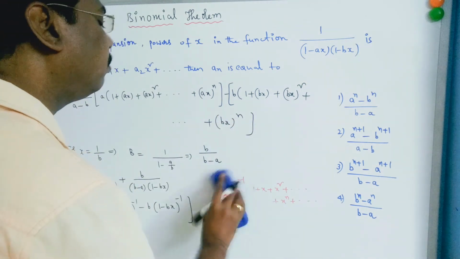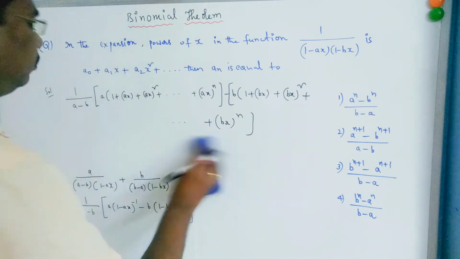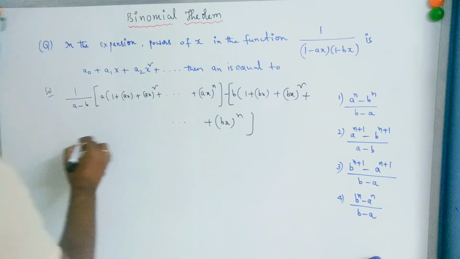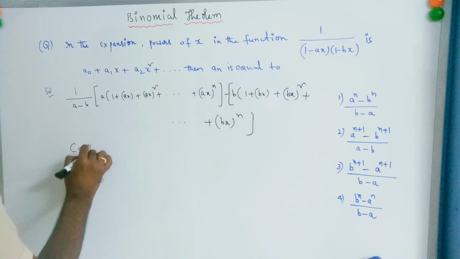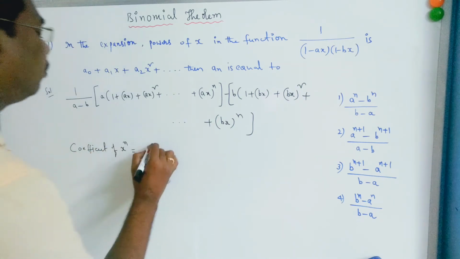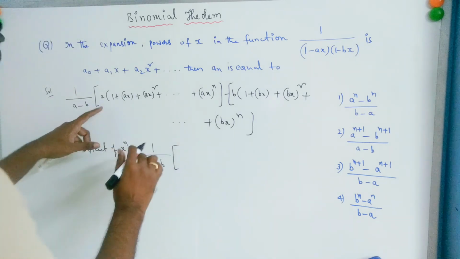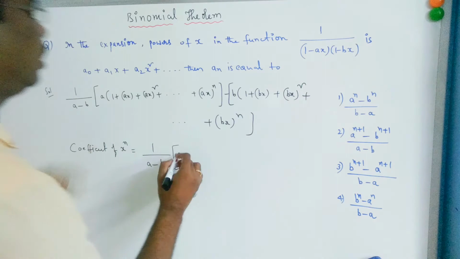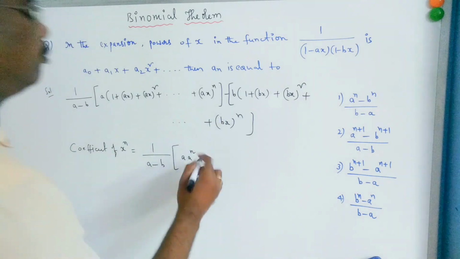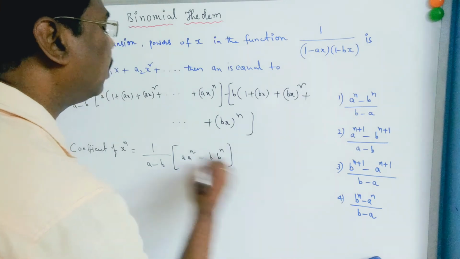Okay, now coefficient of x power n. Now coefficient of x power n is equal to 1 by a minus b into, now a into a power n minus b into b power n.